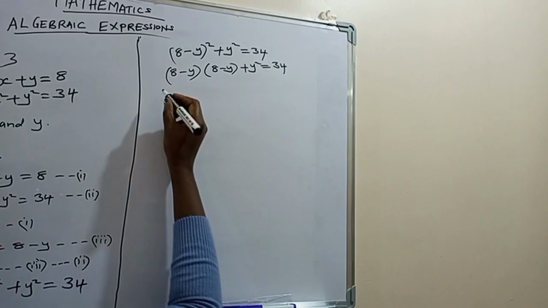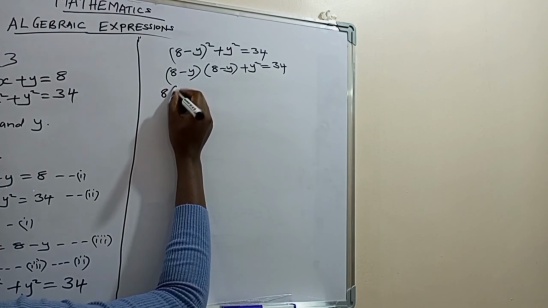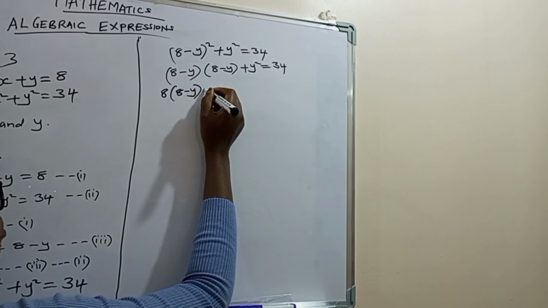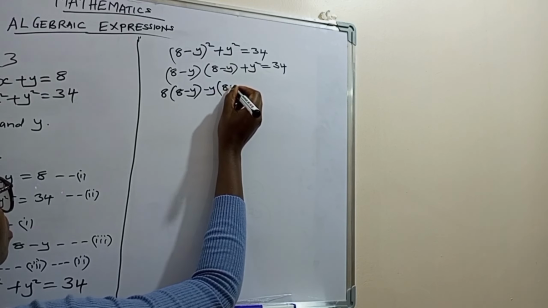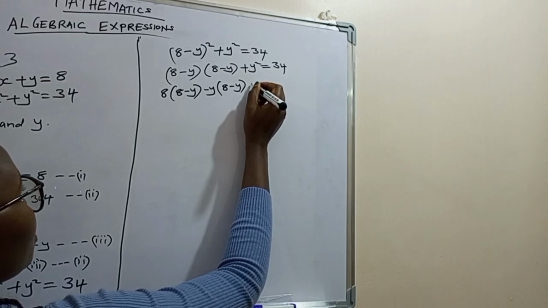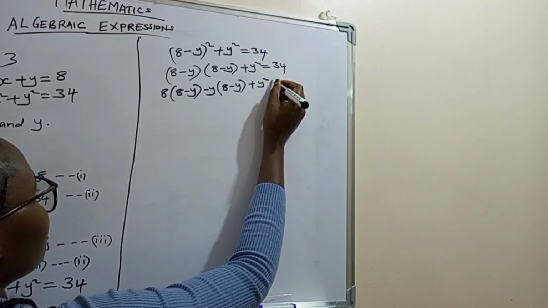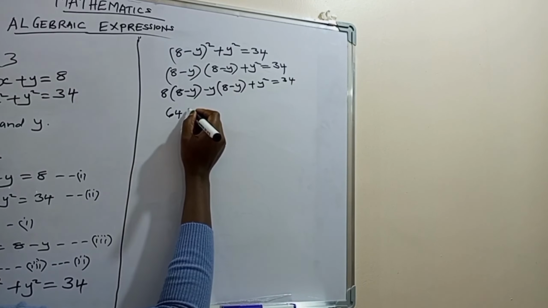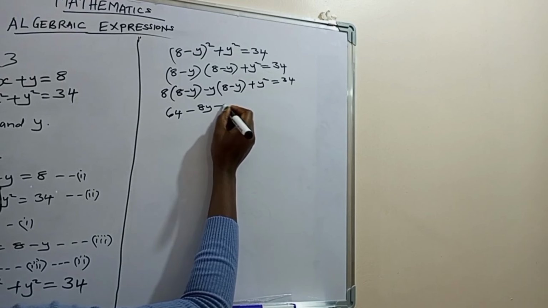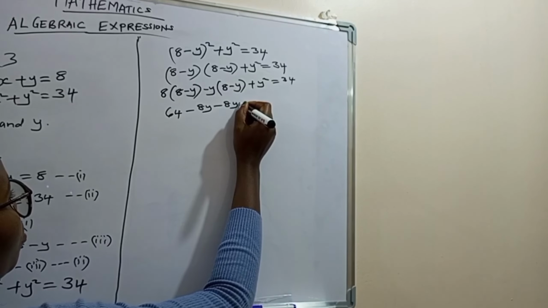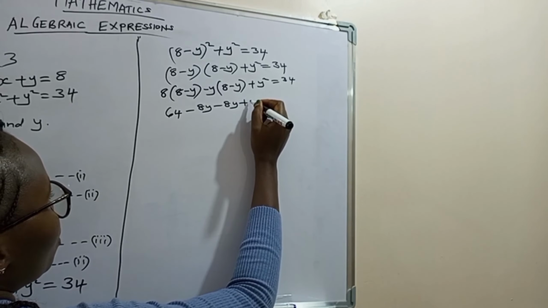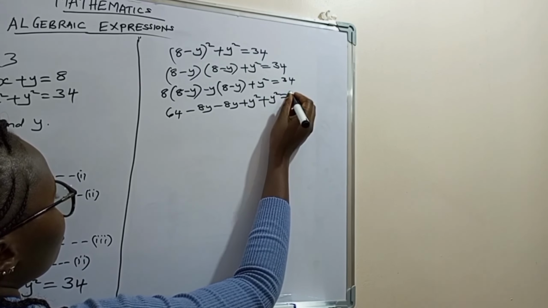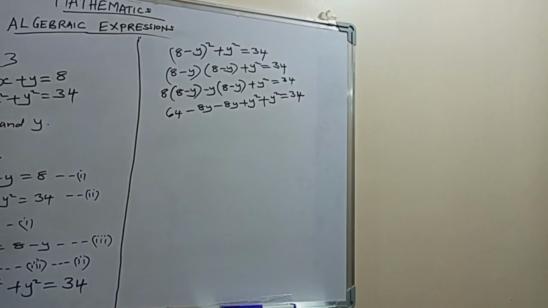Opening the two brackets, we get 8 into 8 minus y into 8 minus y plus y squared is equal to 34. So it's 64 minus 8y plus y squared plus y squared is equal to 34.